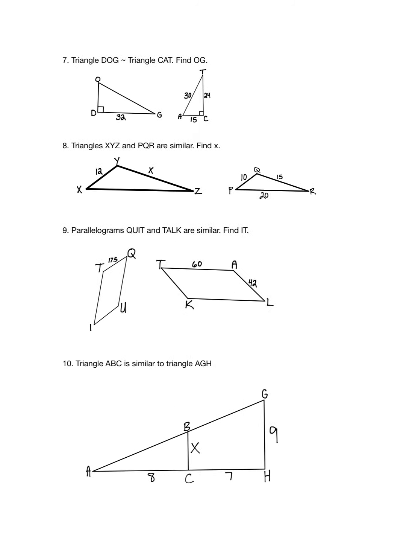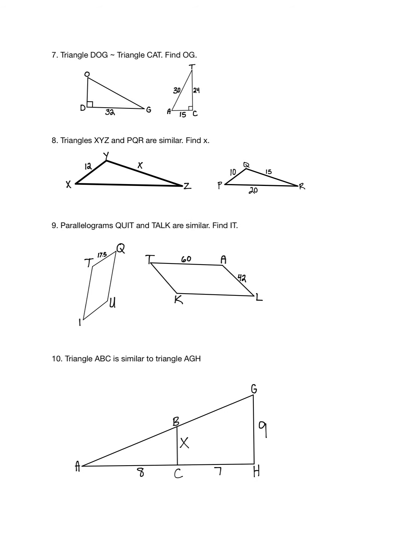Last page here. Let's change our color up. Triangle DOG is similar to triangle CAT. Find OG. All right, so OG is going to be the same as AT.